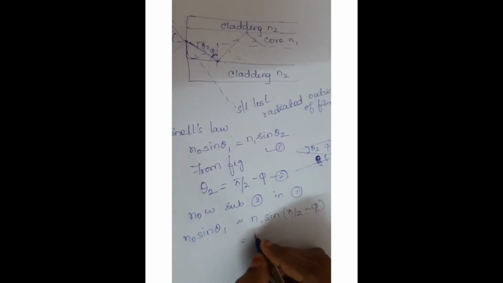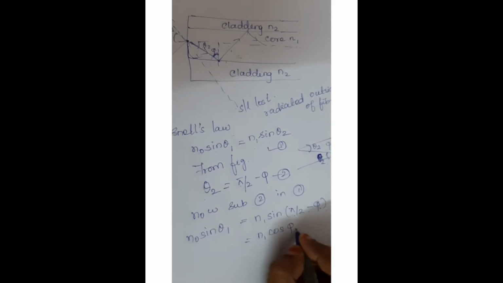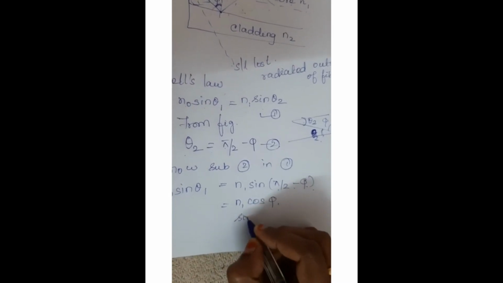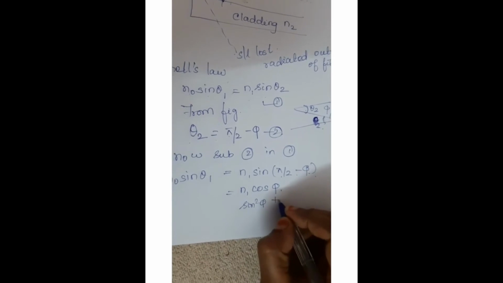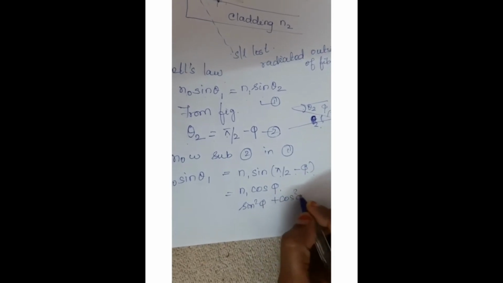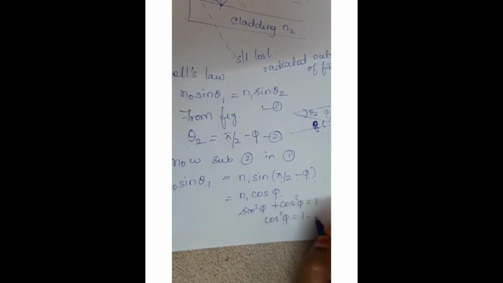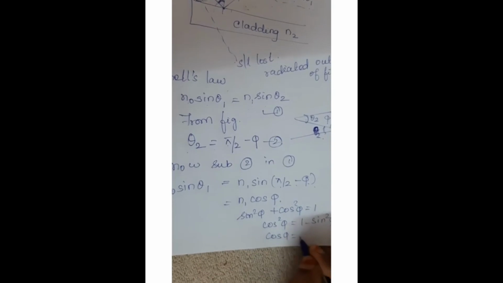What is sin of 90 minus phi? Cos phi. So n0 sin theta 1 is equal to n1 cos phi. According to the trigonometric identity, sin squared phi plus cos squared phi is equal to 1. So cos squared phi is equal to 1 minus sin squared phi, and the value of cos phi is equal to root of 1 minus sin squared phi.